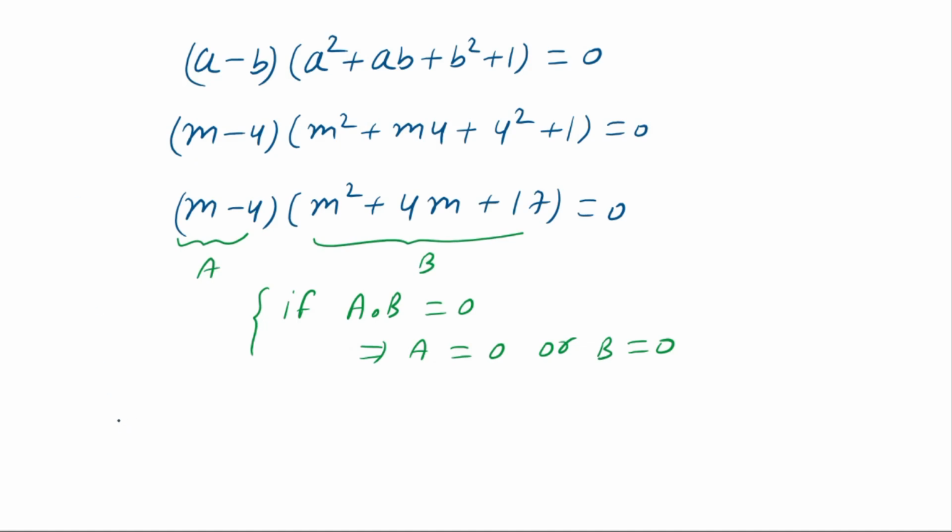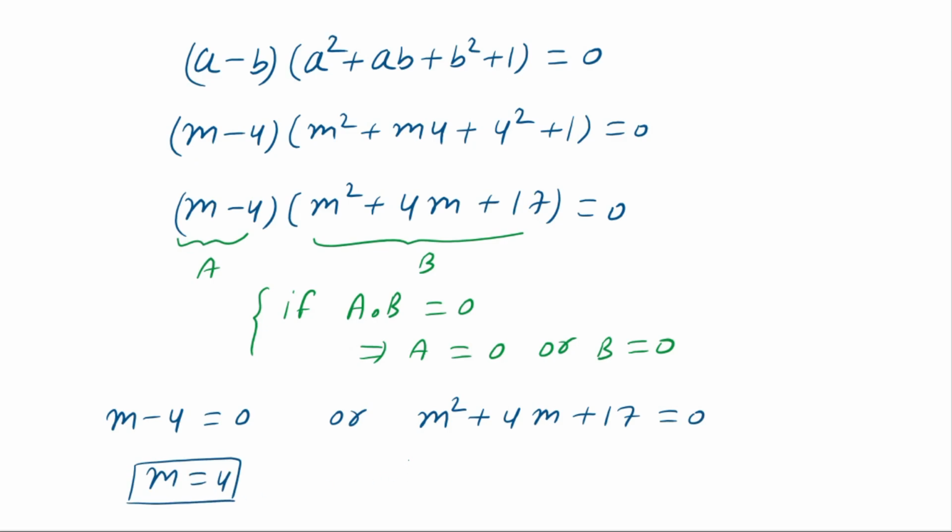So m - 4 = 0 or m^2 + 4m + 17 = 0. Here the value of m is 4, and we have a quadratic equation m^2 + 4m + 17 = 0.